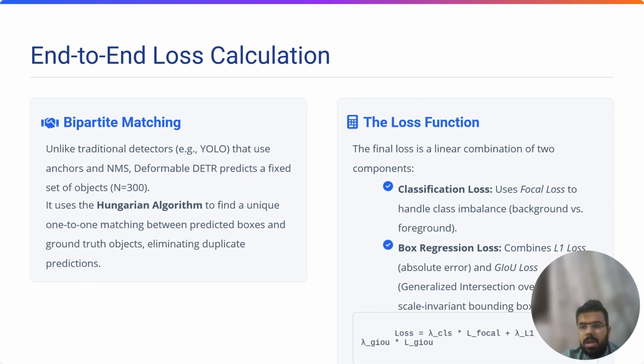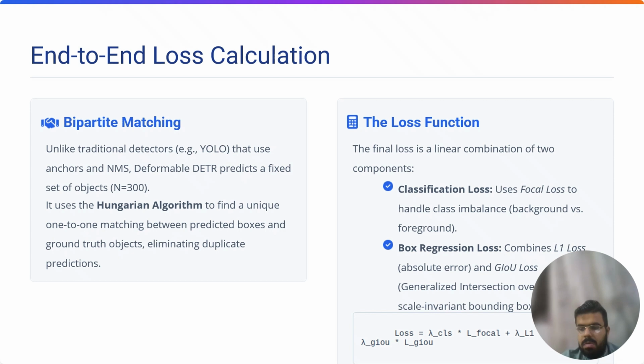And secondly, the loss function is a weighted combination of classification and localization losses. Here's the equation written. The lambdas are the loss weights, and these are basically 2, 5, and 2, as used by the pre-trained model. This is the focal loss for classification.